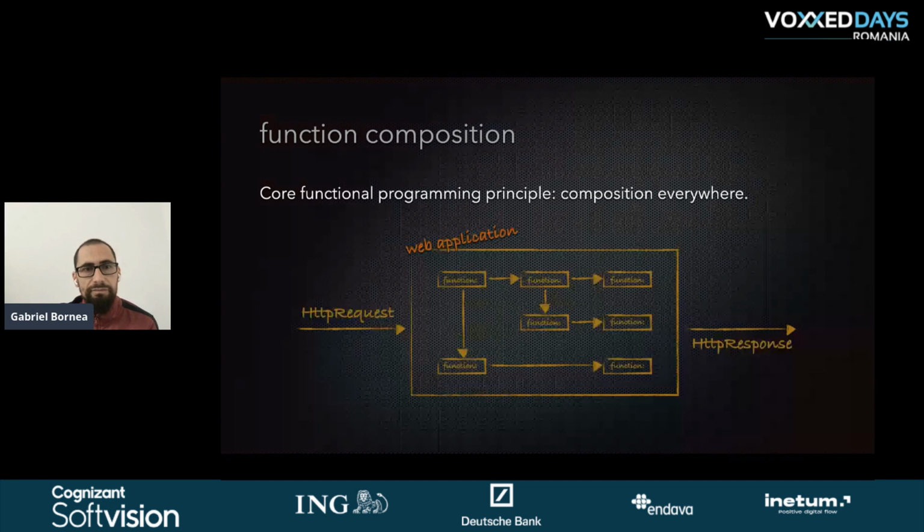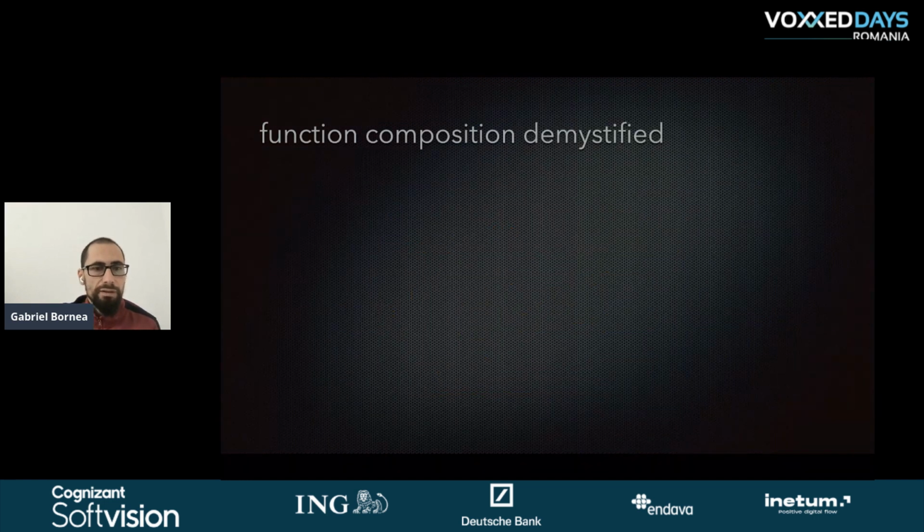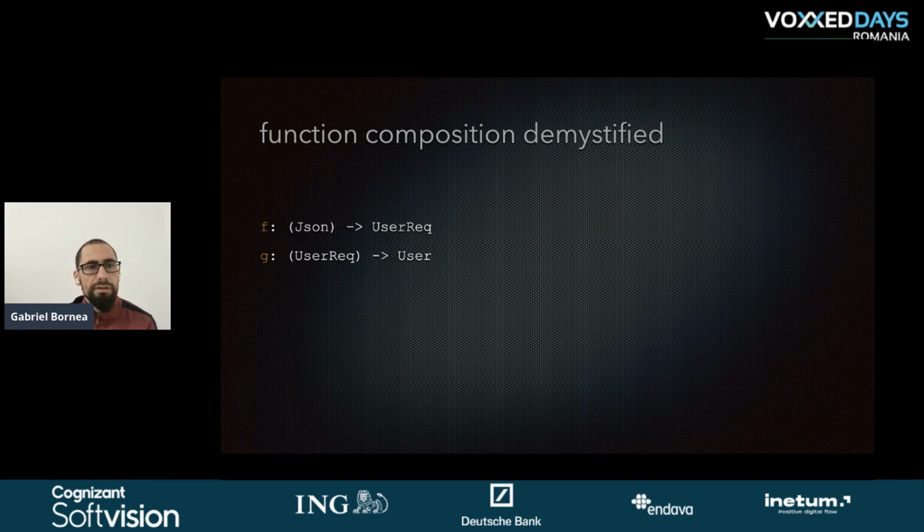Okay, so what's function composition? I'm going to take an example here, and let's assume that we have a function f that goes from a JSON to a data transfer object, and we have another function g that goes from that data transfer object to our domain object. And in order to compose these two functions, we are going to create a function h.